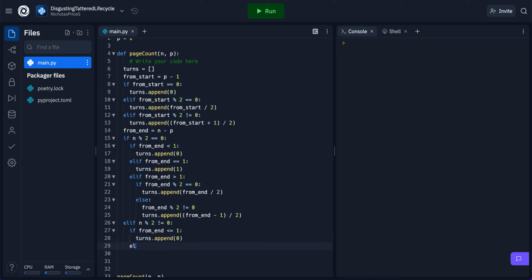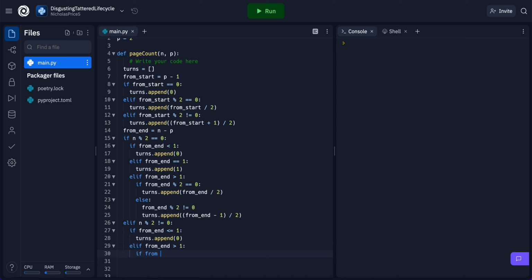All right, so what's our next condition? If from end is greater than 1. So that means we're going to have to turn the page, but how many times will we have to turn the page? Well, that depends.